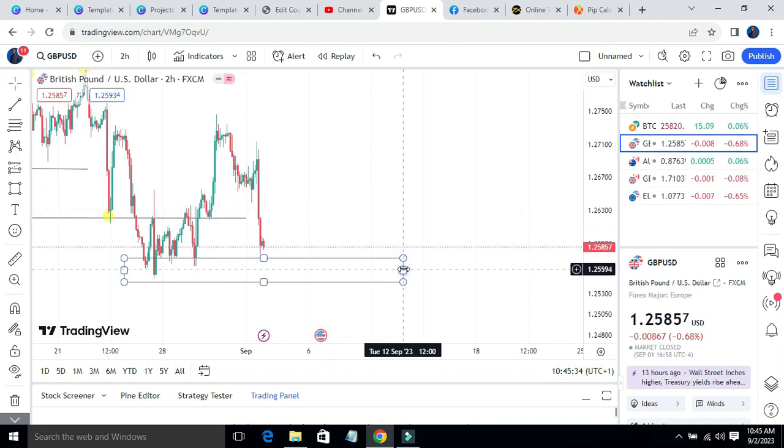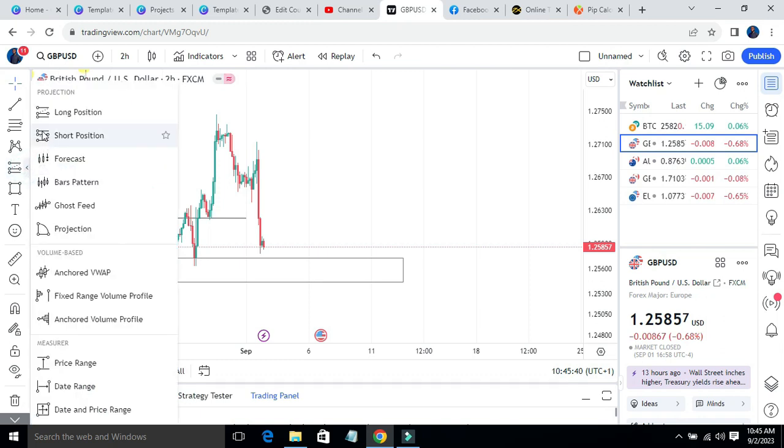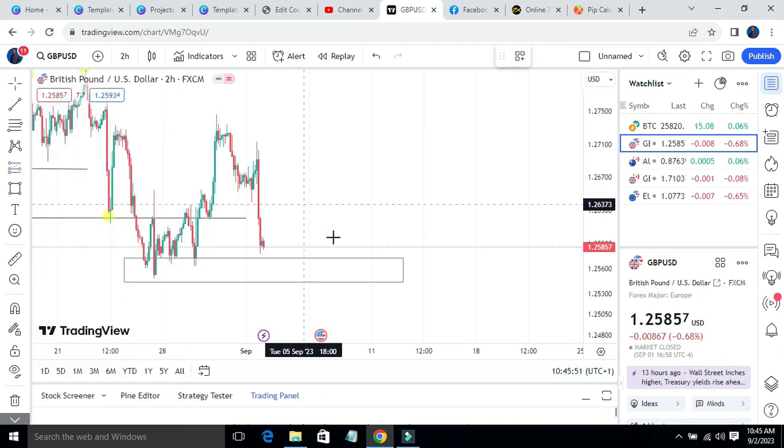Okay, so to calculate your risk to reward, you will use the prediction tool. So if you come over here, you will see the prediction tool. So this one is for a long position, this one is for a short position. Long position means you want to buy, short position means you want to sell. So here we want to buy, so we use the long position. If we use the long position, we place it from here, from where the line starts.